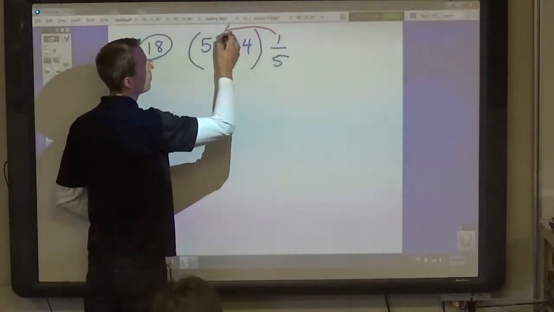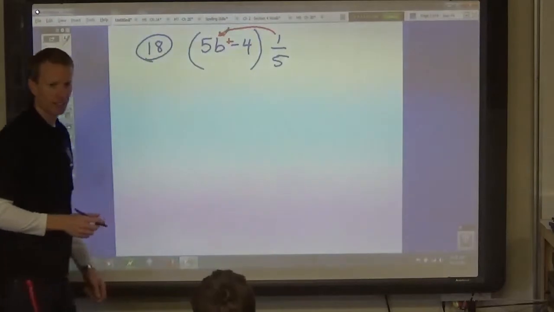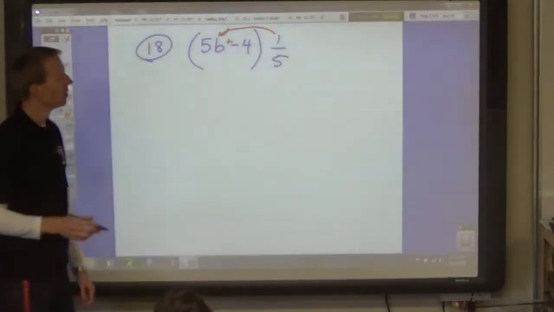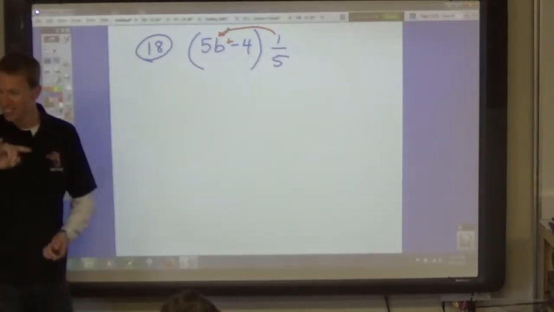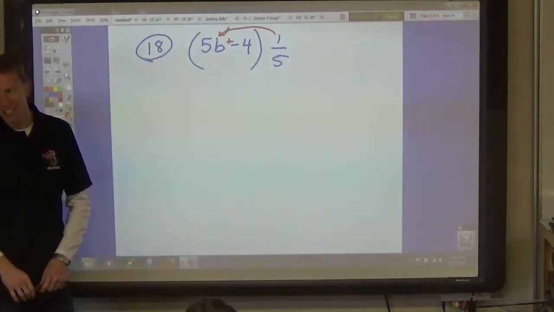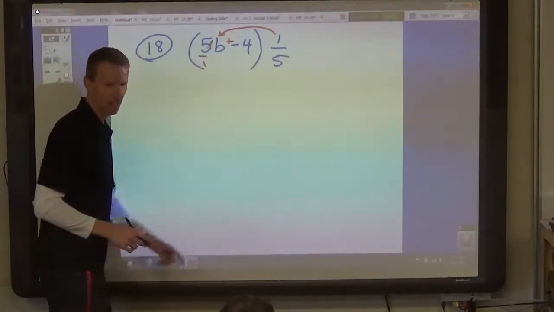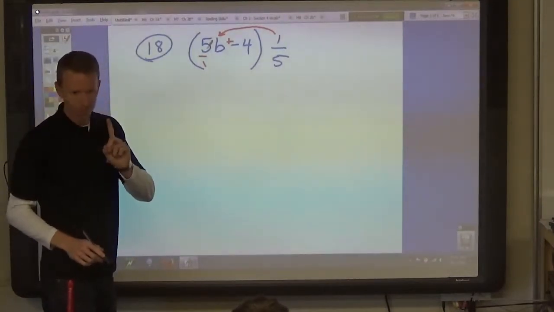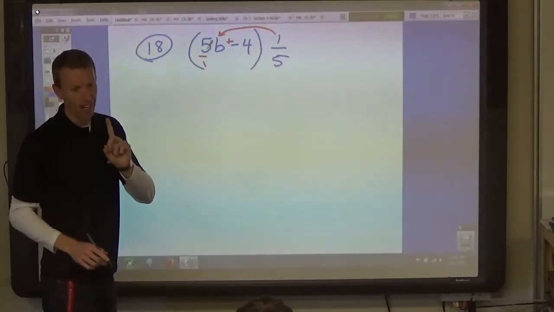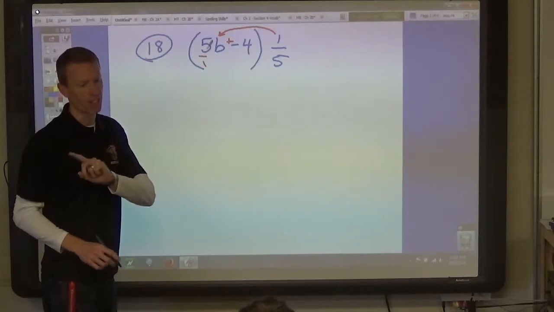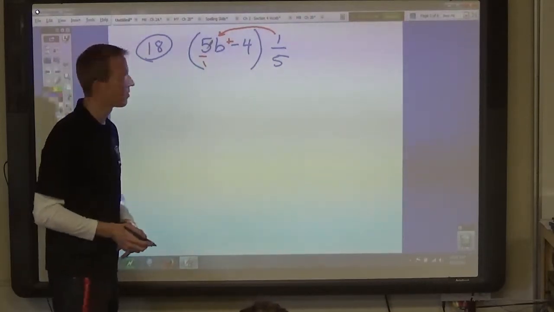1/5 times 5. How do we do that? Reciprocal. So 1/5 times 5 is 5 fifths. But it's 5 fifths, look.